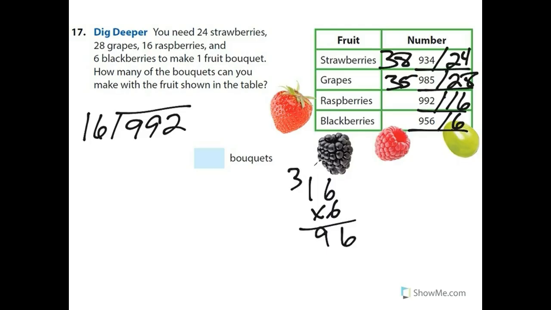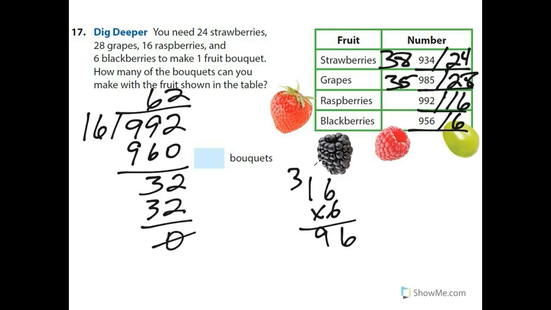So that's going to be 960. It's going to be a nice round number because I know that 32. So that's going to be 62, right?